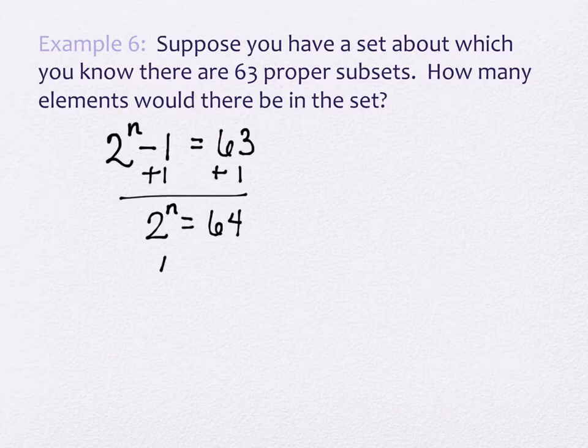I see some of you using your calculators. What did you get? I think, Jenna, 6. 6 is right. So if you have 6 elements, you end up with 64 subsets or 63 proper subsets. That's the connection it makes. Any questions on that?